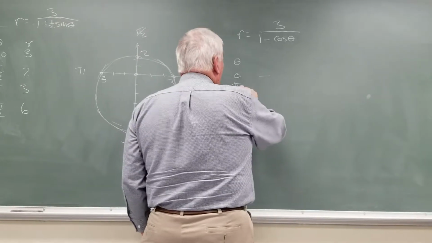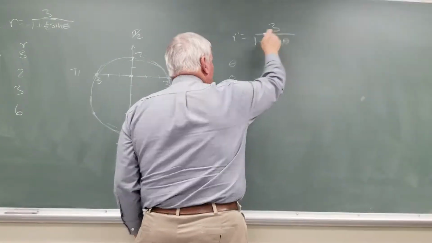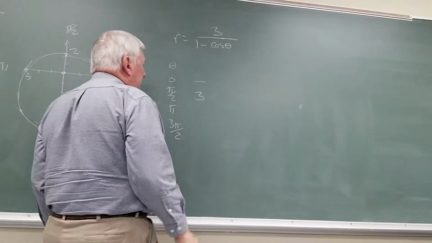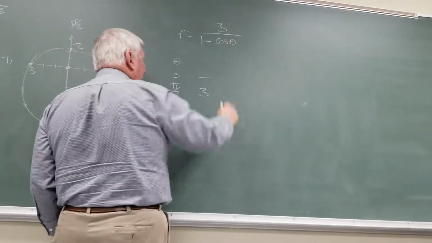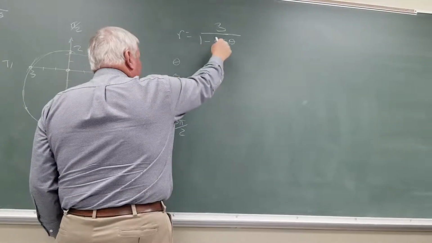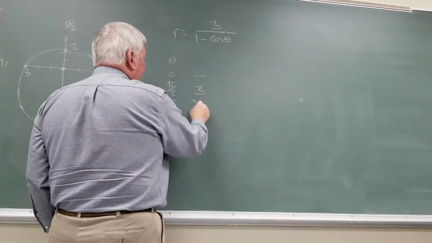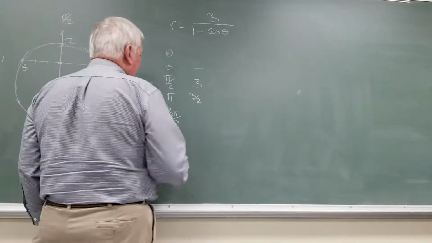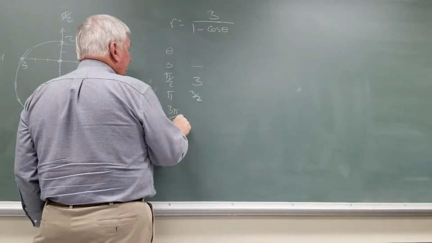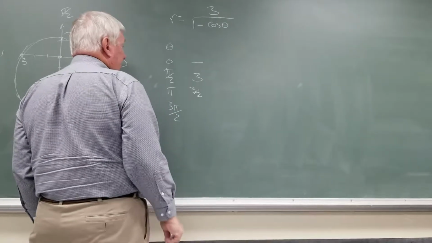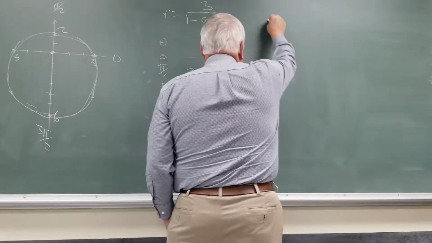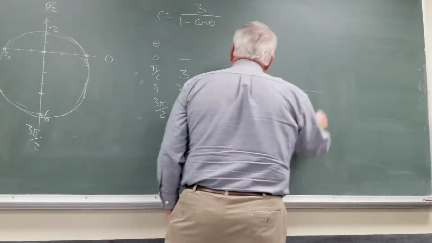At pi over 2, cosine is 0, 1 minus 0 is 1, so we get 3. At pi, cosine pi is negative 1, 1 minus negative 1 is 2, 3 divided by 2 is 3 halves, and again at 3 pi over 2, cosine is 0, so we get 3 again.